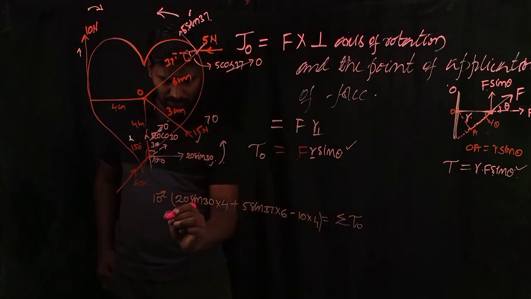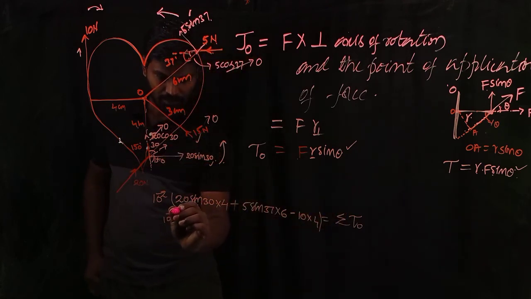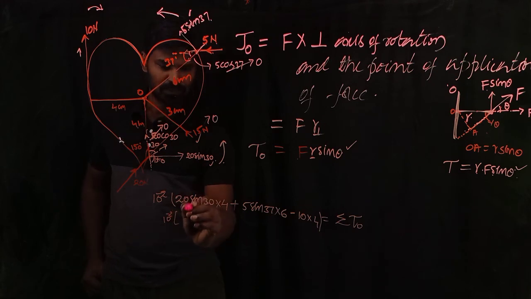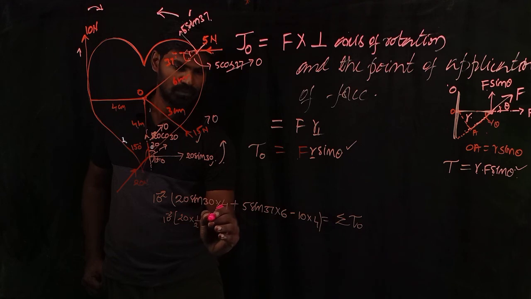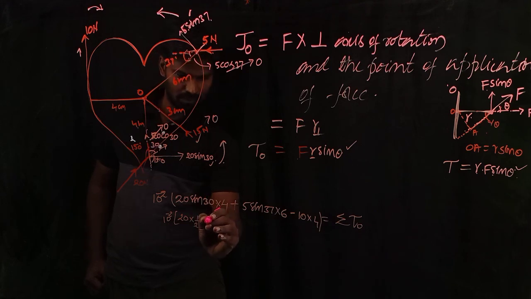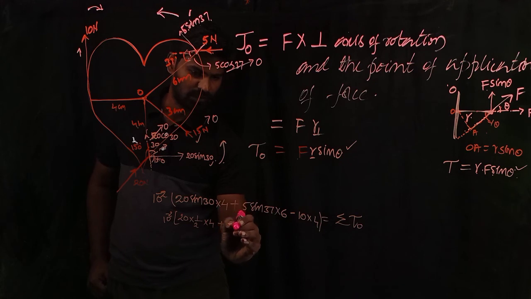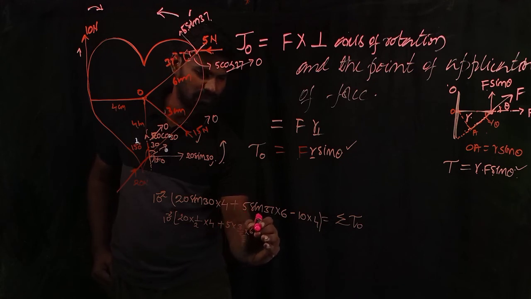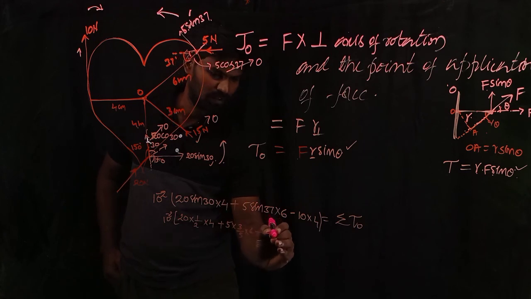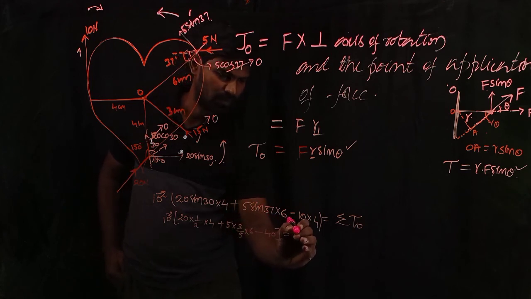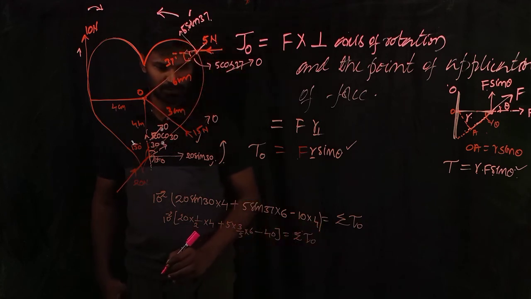The next thing is the simplification process. 10 to the power minus 2 into 20 into sine 30 is 1 by 2, into 4, plus 5 into sine 37 is 3 by 5, into 6, minus 4 is equal to the resultant torque acting on the body.